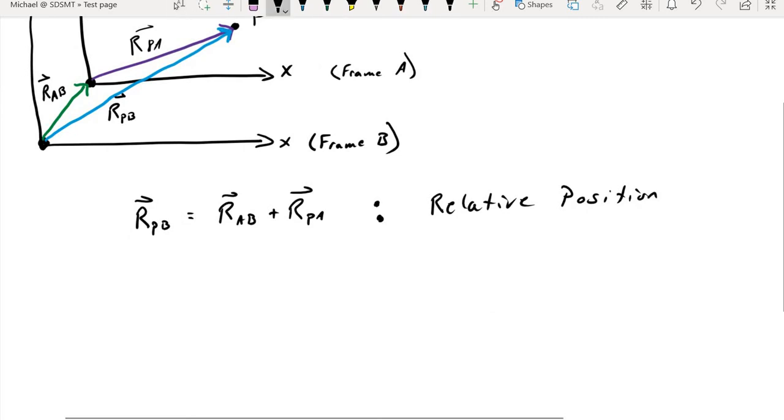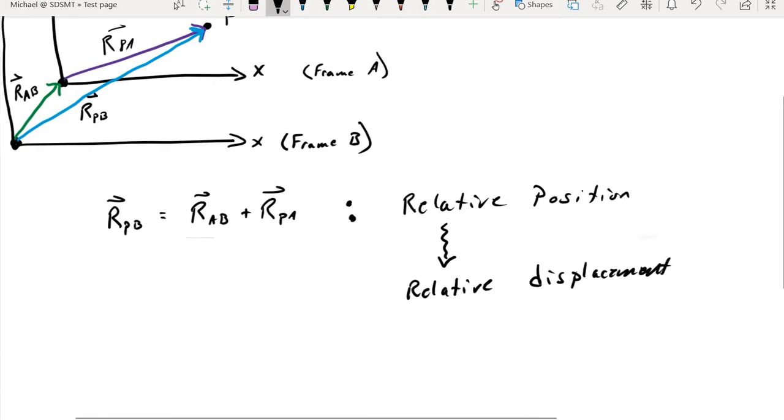Now, we're going to carry this word down all the way, so everything gets relative placed in front of it, and the next term that comes after position is displacement.